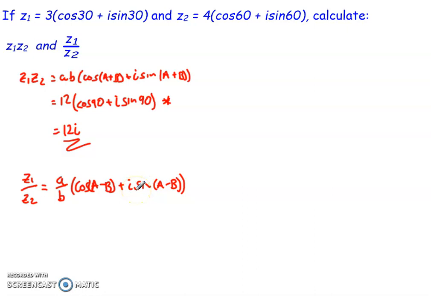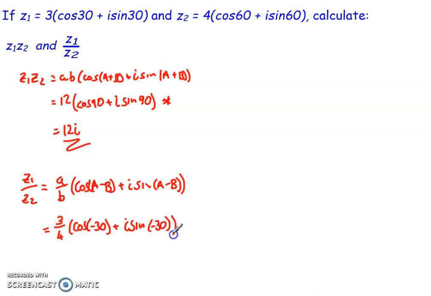My little a, my little b, my big A, my big B, they're going to be the same as they were in the previous example because it's the same two numbers we're working with. So a over b is going to be 3 over 4. It's then going to be cos of (A minus B). A is 30, B is 60, so it's 30 take away 60, so it's going to be cos of negative 30 plus i times the sine of negative 30.